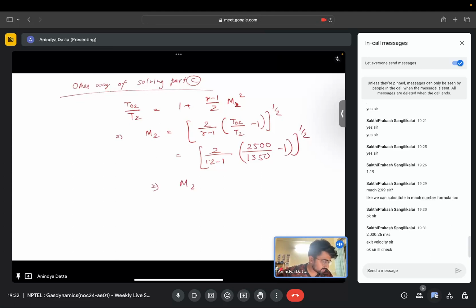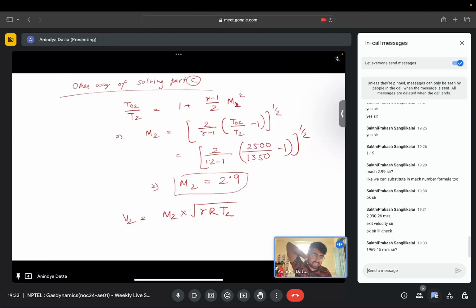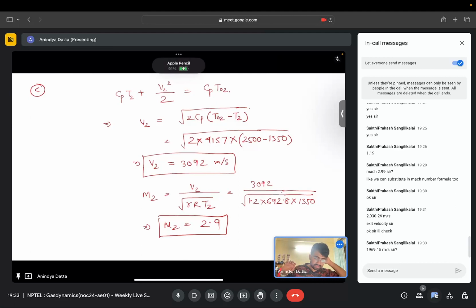From here you will get Mach number as 2.9. And again V2 will be equal to M2 into square root of gamma R T2. Remember that you have to put in the correct values of gamma and R here. I am getting 3092 meter per second. Let me just recompute this and see if I am getting this.